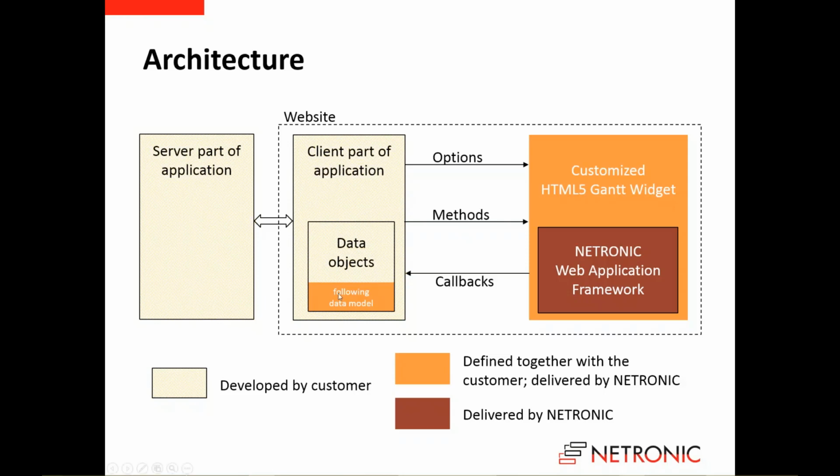And it delivers data objects to this Gantt widget following the data model that we have defined together with the customer. And also, naturally, there is a server part of the application, which then communicates via an asynchronous protocol over the web, maybe.